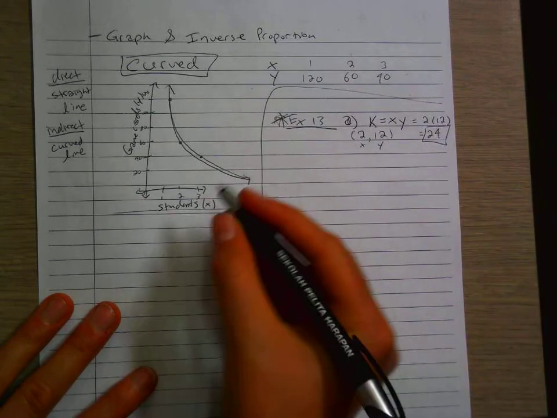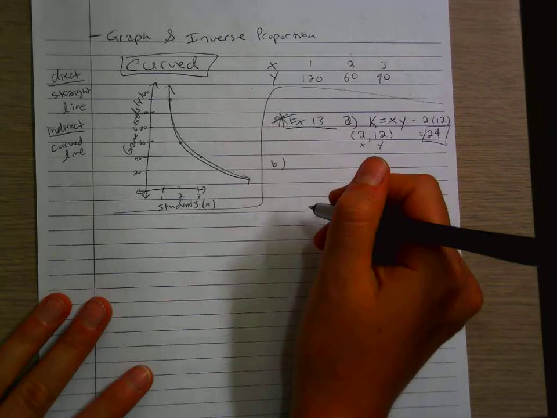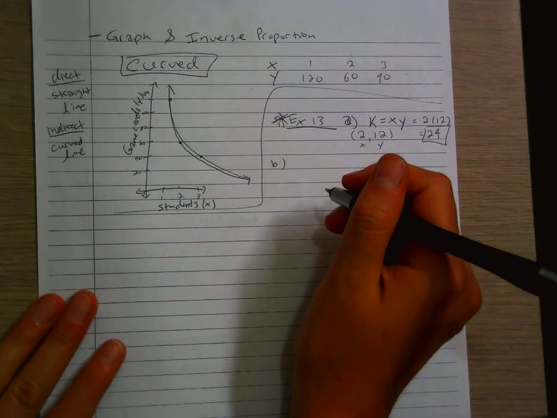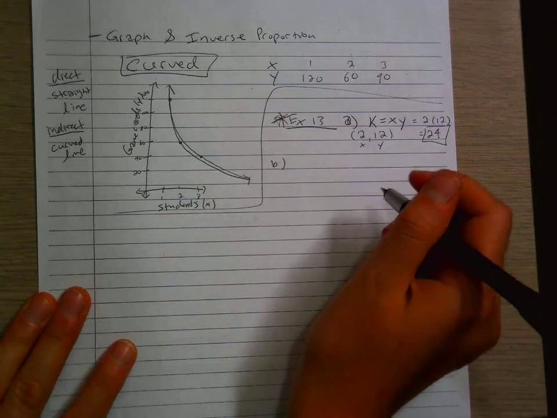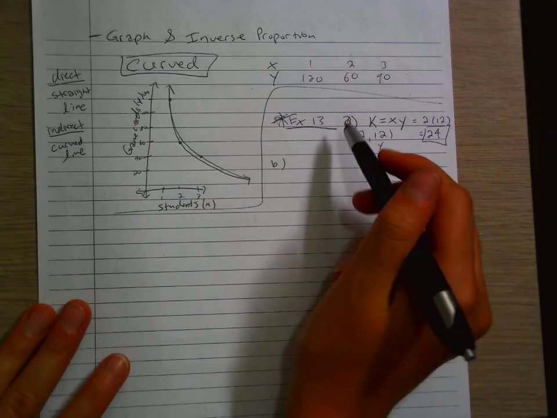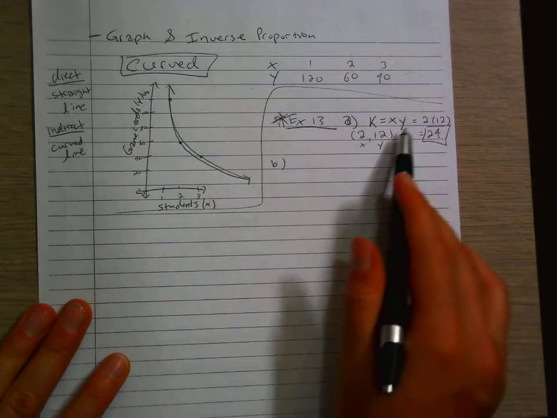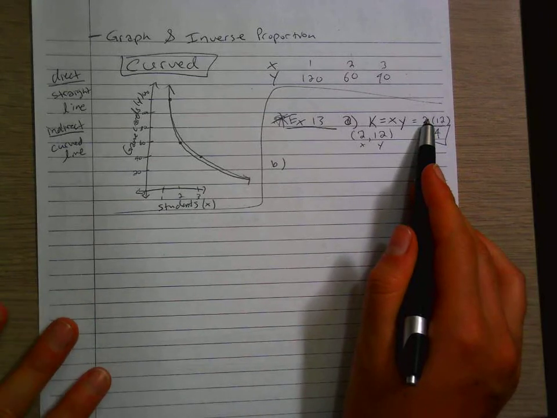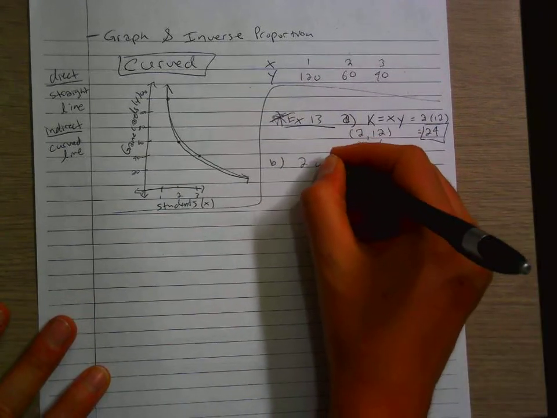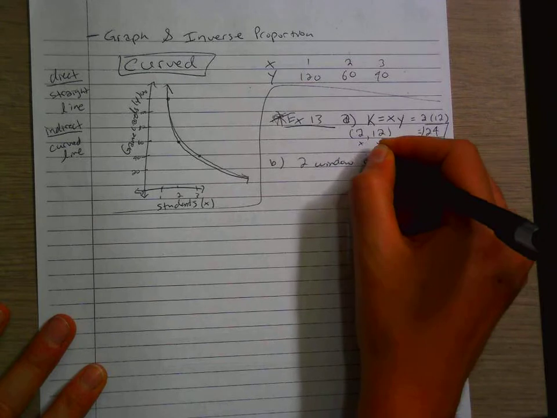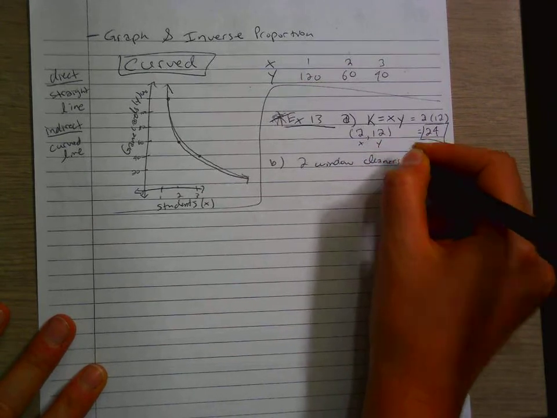B says explain what the point 2, 12 represents in this situation. The x-axis, the one going this way, says the number of window cleaners. So it goes over 2. That must mean that it takes 2 window cleaners, and then 2 window cleaners what?